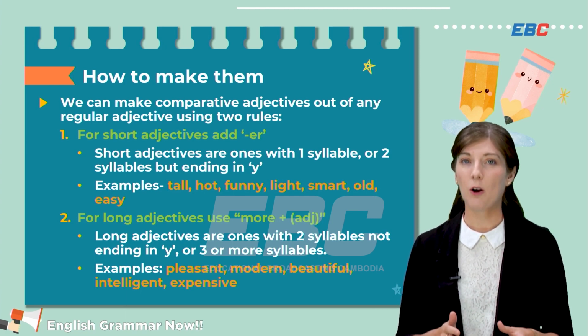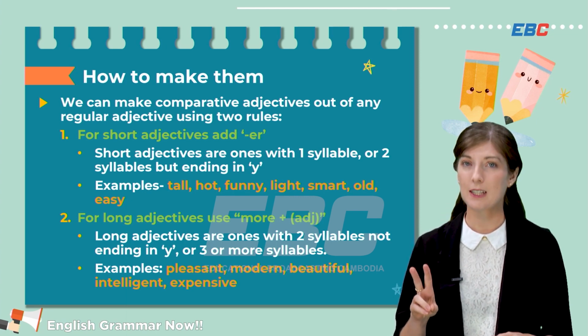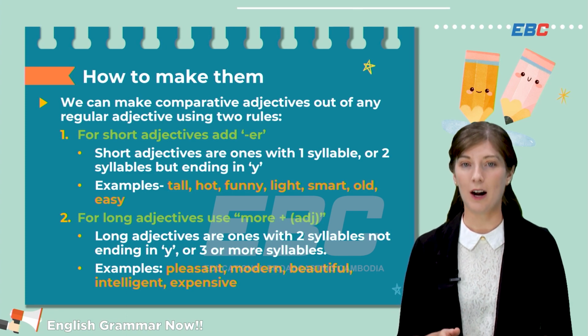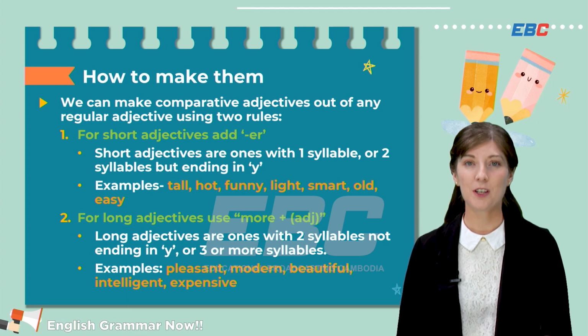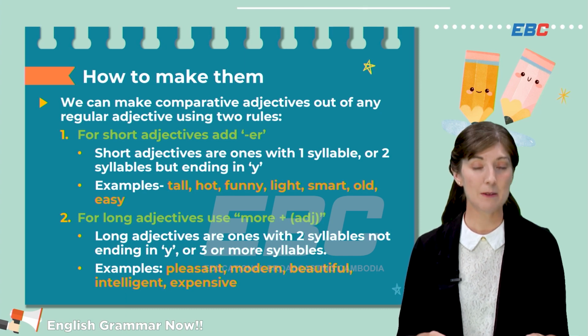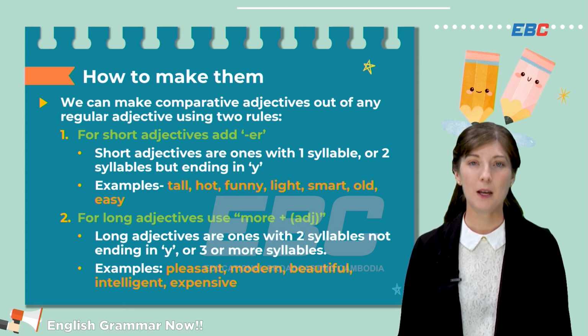Short adjectives are ones that have only one syllable, or they might have two syllables if the ending is Y. So some examples of this are tall, hot, funny, light, smart, old, and easy. You can see that some of these words have only one syllable, like tall or hot. And some words have two syllables, but the ending is a Y, like funny or easy.